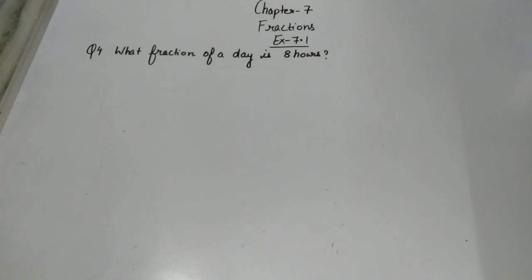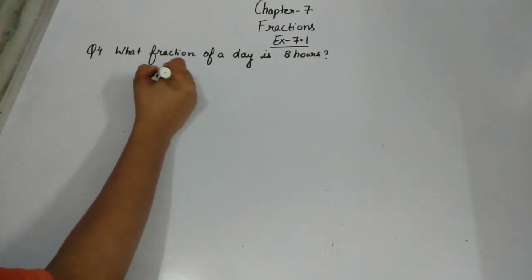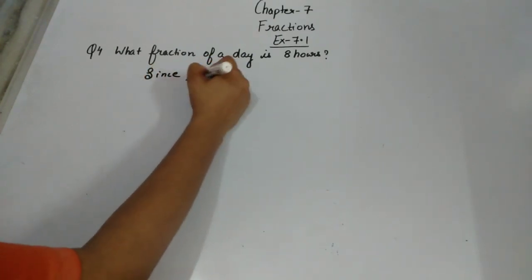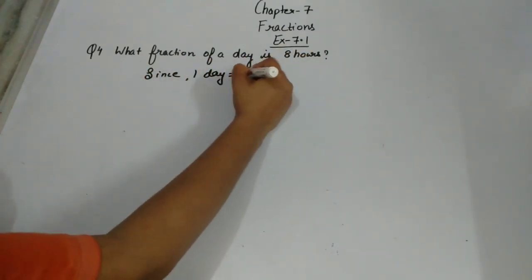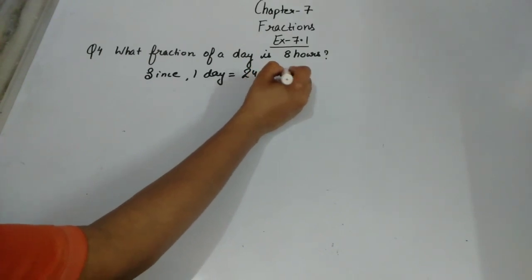So students, question number 4 of exercise 7.1 is: what fraction of a day is 8 hours? You have to find the fraction of a day that is 8 hours. Since all of you know that one day is equal to how many hours? 24 hours, right?